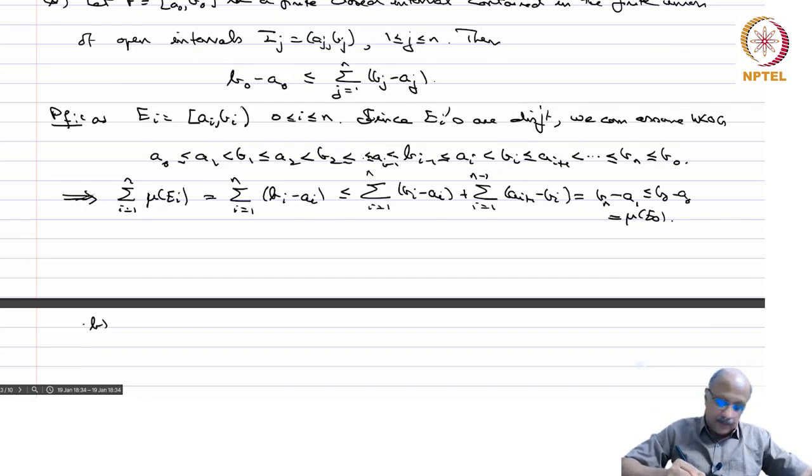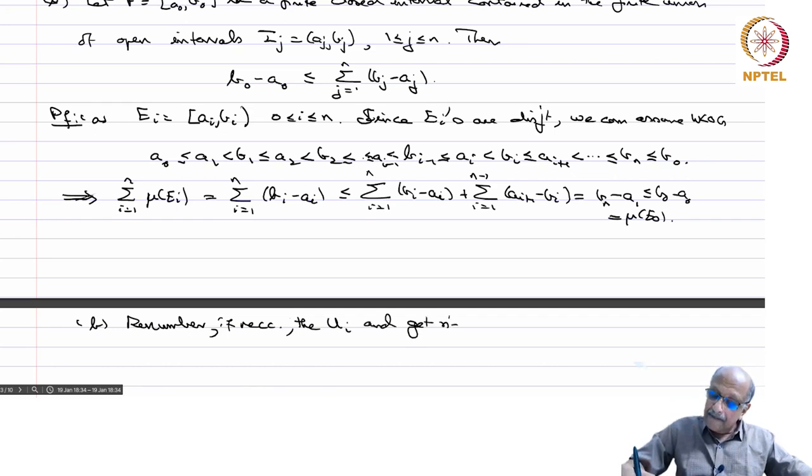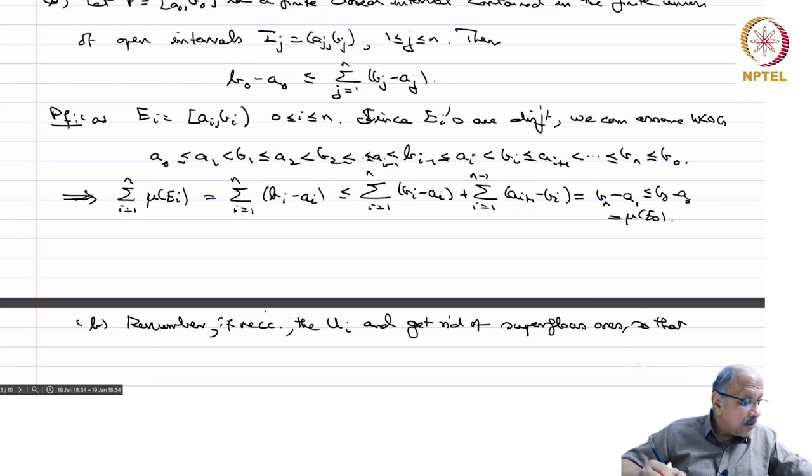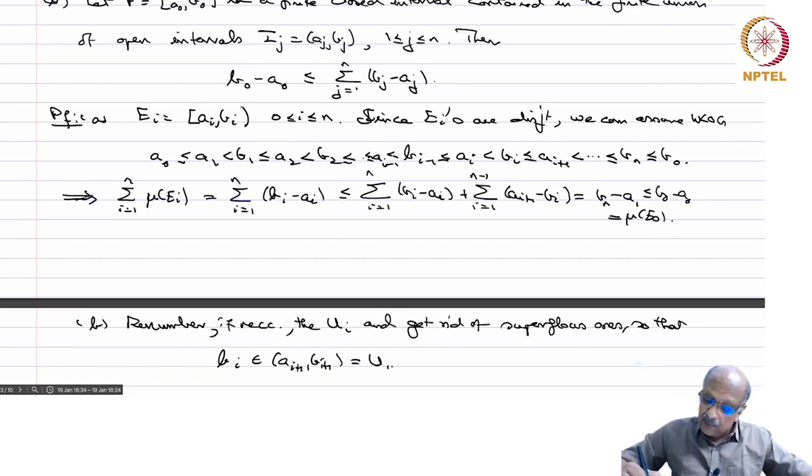Now what about B? So again, renumber if necessary the U_i and get rid of superfluous ones so that you have b_i belongs to (a_{i+1}, b_{i+1}), which is equal to U_{i+1}.